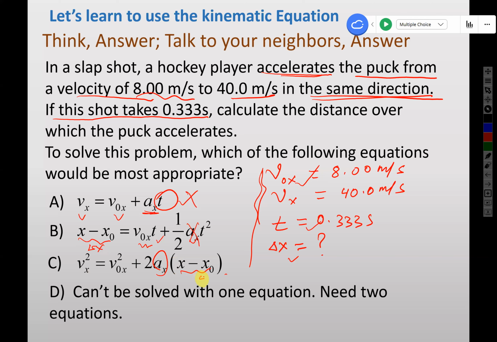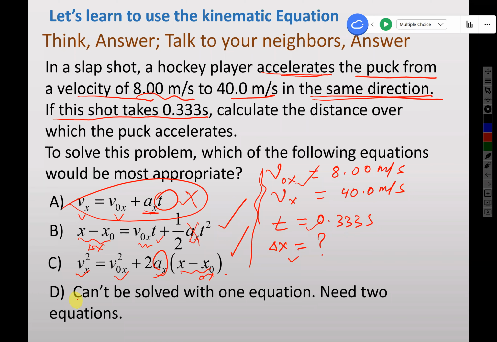Yes, this is delta x. These two things we know, but we need acceleration. So it seems we cannot solve this problem in one step. What we need to do is first find acceleration by using this equation. And once we have that, we can use either this or that to solve this problem.